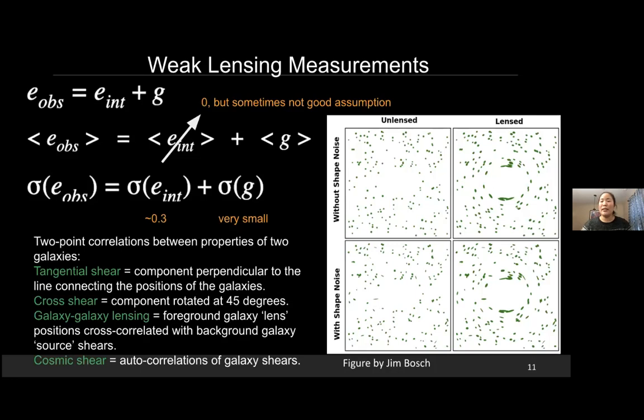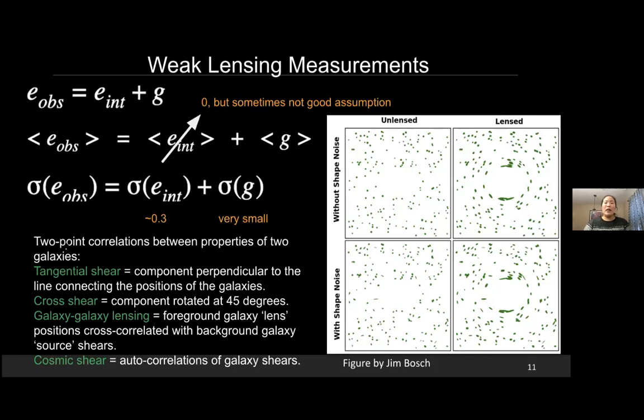In this top case, this is what it looks like without the background images having any variation in the ellipticities. And then the bottom right is closer to the reality. We've exaggerated it, so it's pretty easy to see the effect, but maybe if you're starting to go out to the edges of these images, it's a little bit hard to actually distinguish the effect. We don't know what it looked like without the lensing.